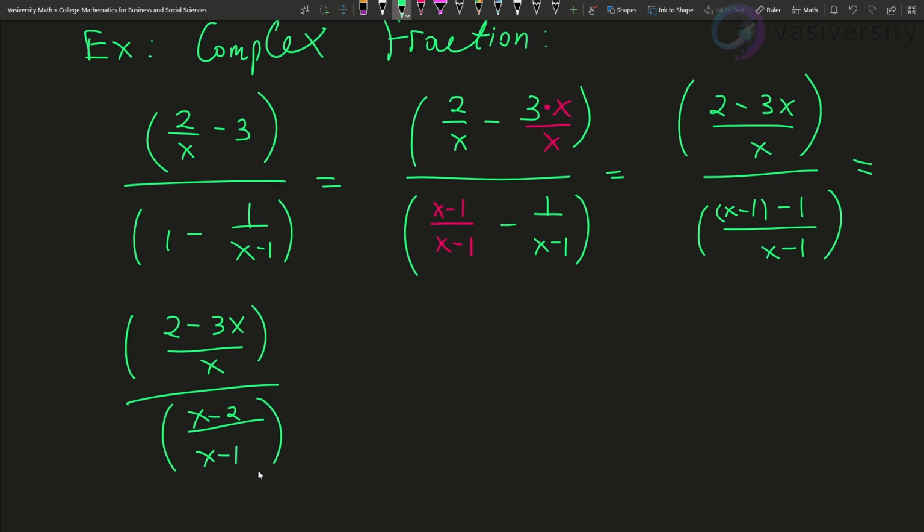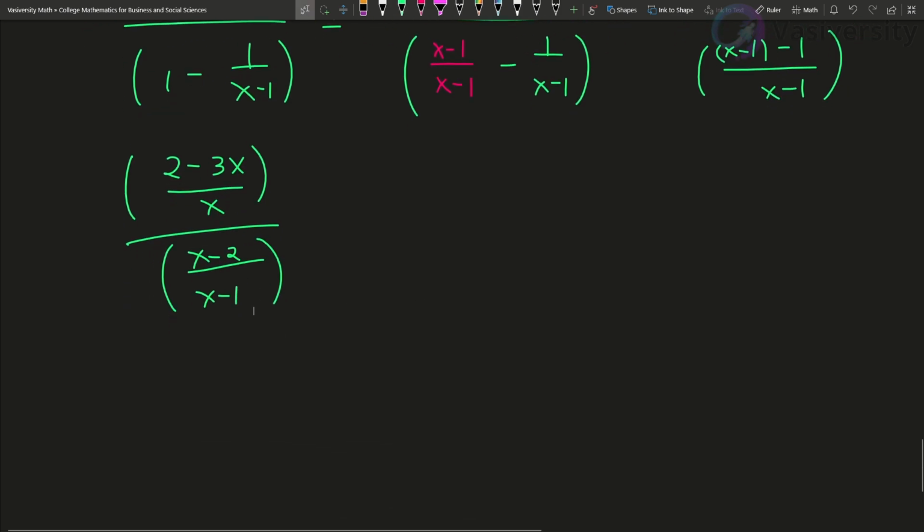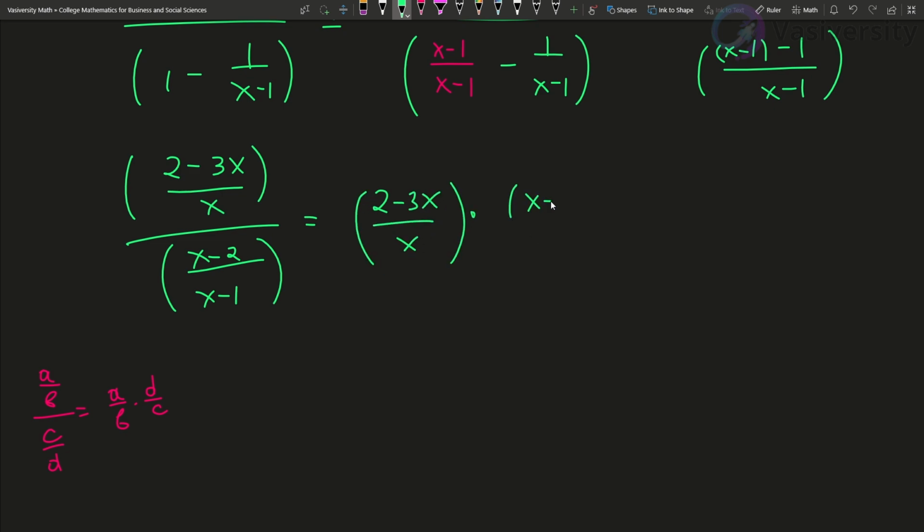Okay, and then remember the rules that we learned last time. When we're working with a over b divided by c over d, it's the same thing as a over b times d over c. Okay, so we can rewrite this as 2 minus 3x over x times x minus 1 over x minus 2.